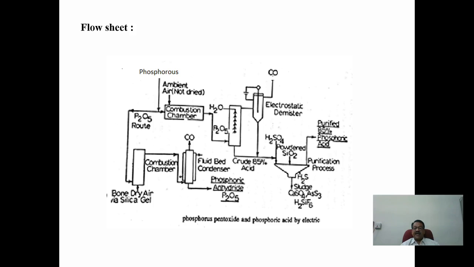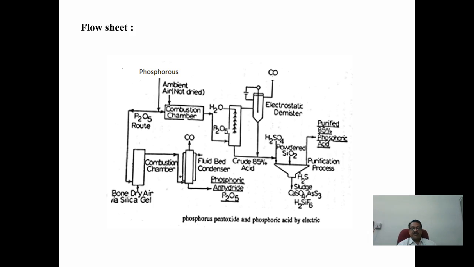Powdered silica is added to remove hydrogen fluoride as silicon hydrogen fluoride, and hydrogen sulfide is bubbled at the bottom so that arsenic present in the acid stream is converted into arsenic sulfide.